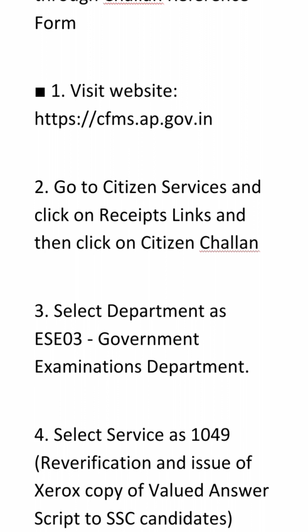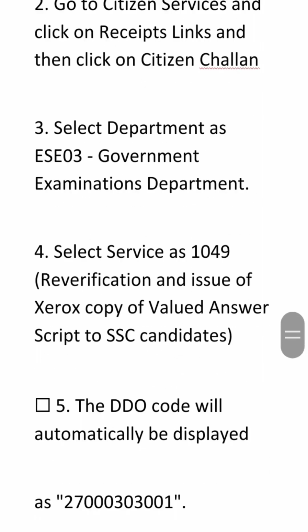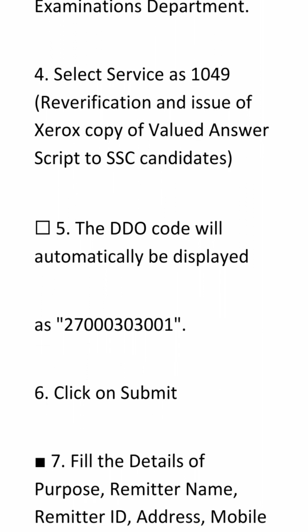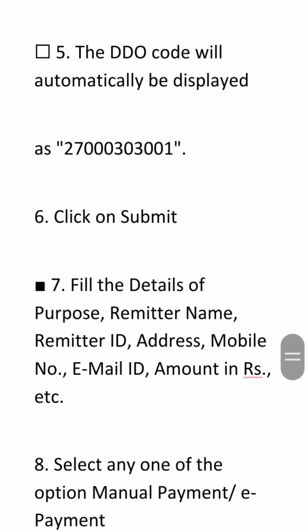Select department as ESE03 Government Examinations Department. Select service as 1049, that means re-verification and issue of xerox copy of valued answer script to SSC candidates. Fifth, the DDO code will automatically be displayed. Sixth, click on submit.